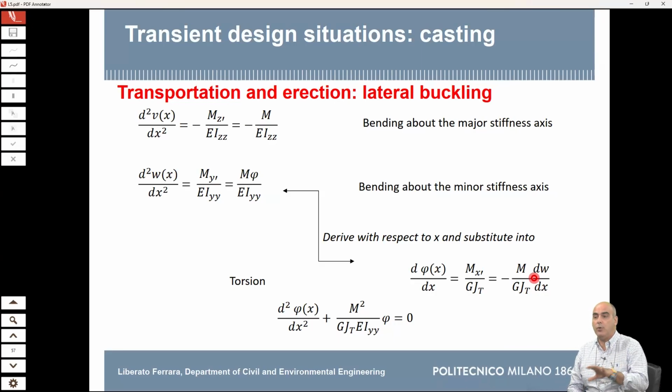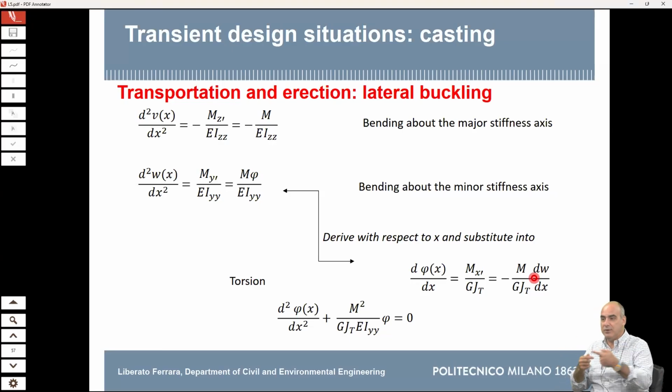So we have three equations. What do we realize? That the first one is independent. The main flexural action was there and remains there. The other two are related to each other. We have said, if you want to bend the beam in the out of plane direction, you also have to accept that its cross section rotates.